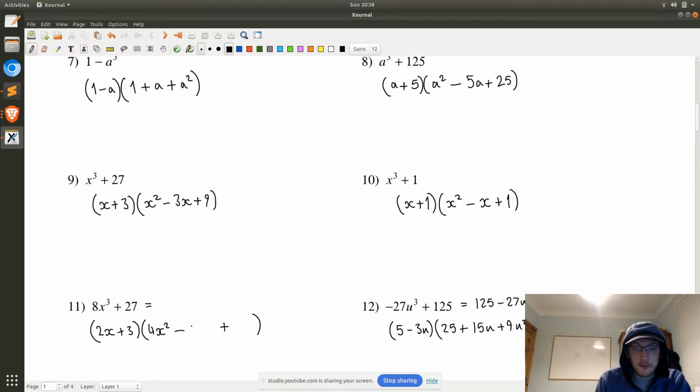Here would be the first term by the second term, so it's 2x times 3, which is 6x. And then the square of the second one, which is 9. And check. Correct. That's better.